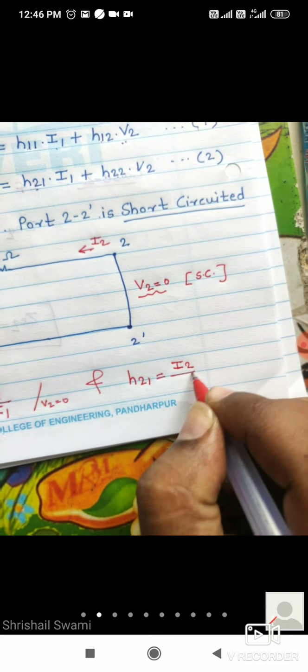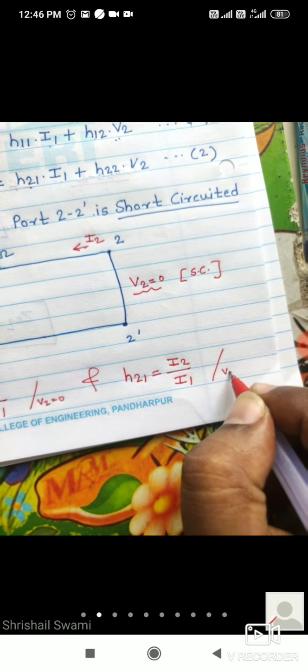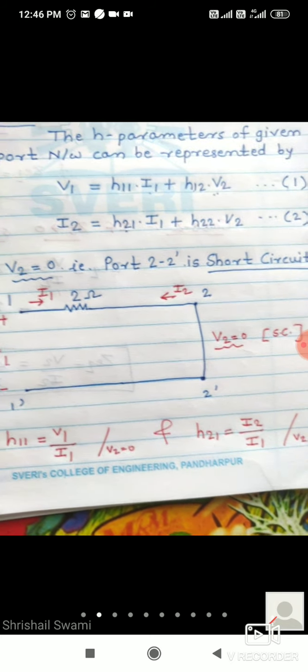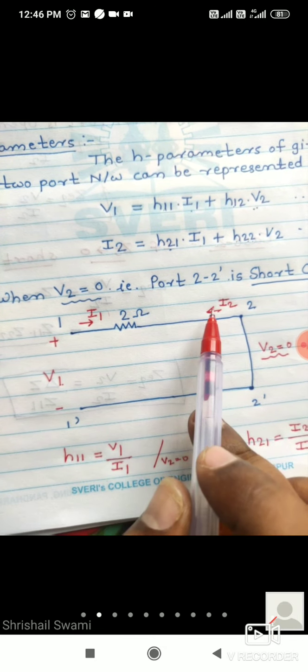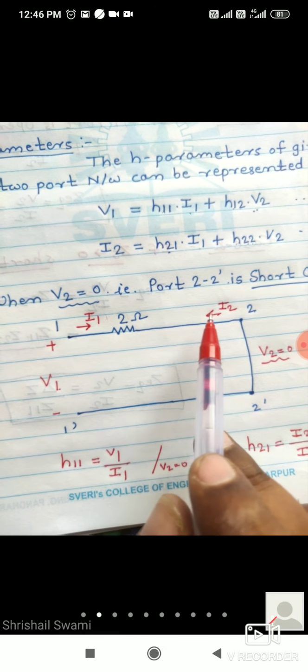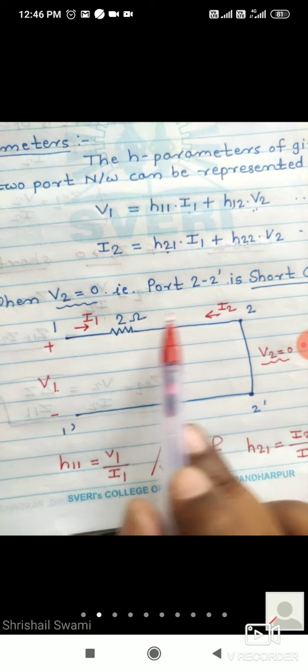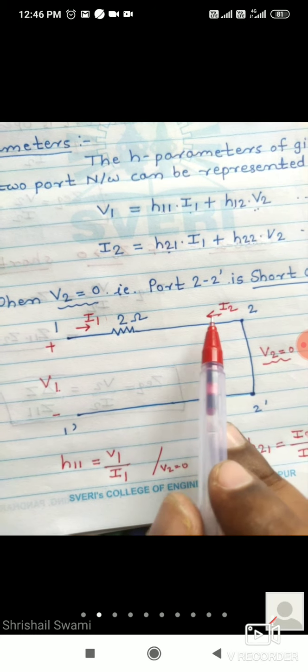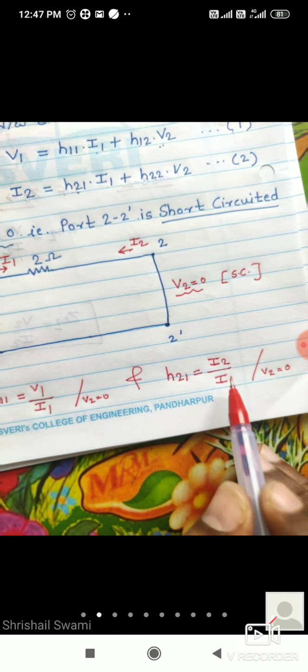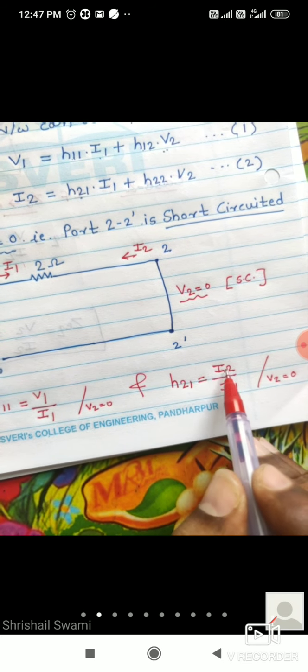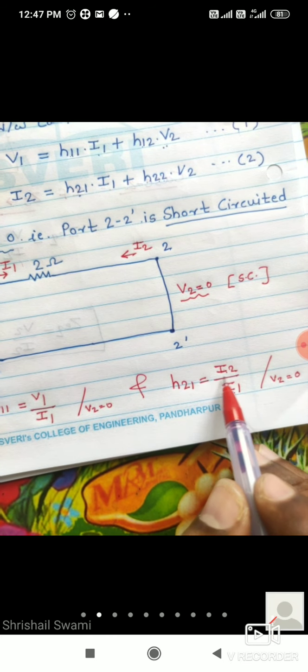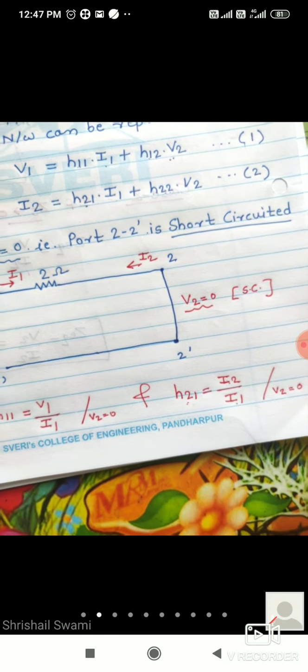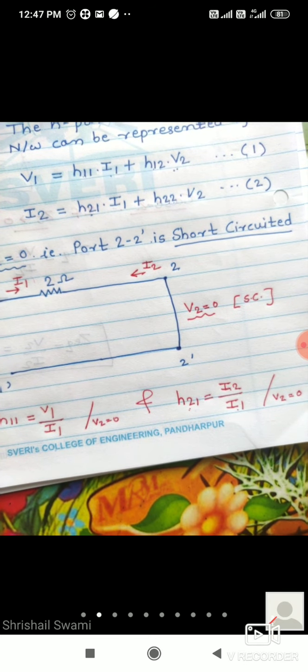H21 is equal to I2 upon I1. Condition is V2 equal to 0. So I1 and I2 both are the same current. फक्त मायनस येणार कारण दोघांचे डायरेक्शन काय आहेत अपोजिट आहेत. So I2 is minus I1. I2 तुम्ही minus I1 करा म्हणजे I1 कॅन्सल होईल. -1 will be the answer of H21. Directly you can get. Understood.